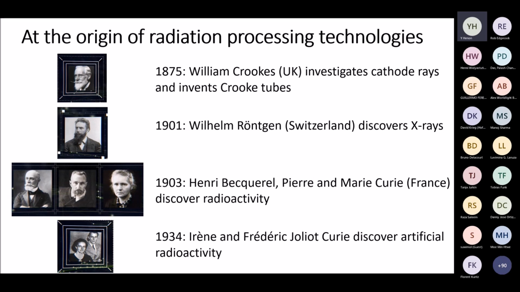So who is at the origin of the technology? Well, there are more than these 6 people who are named here, but all of them had a fundamental contribution. We can start with the English William Crookes, who investigate cathode rays and invent the Crookes tubes that you could call a far ancestor to electron accelerators.